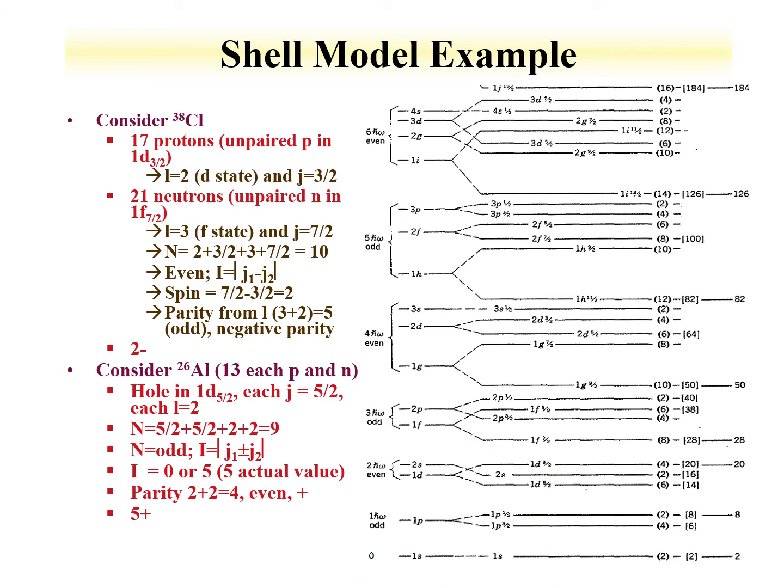We would expect the spin to be either 5 or 0. The parity, each spin state is 2. 2 plus 2 is 4, is even. So the spin is either going to be 0 plus or 5 plus, and the actual value is 5 plus. So here's an example with the odd Nordheim number where you get a choice of answers to evaluate.